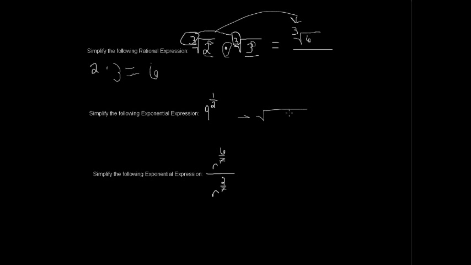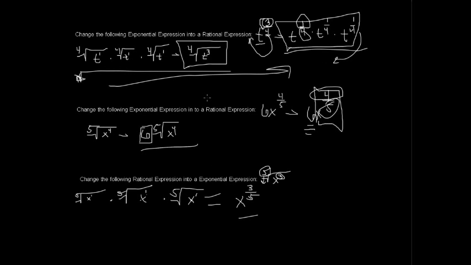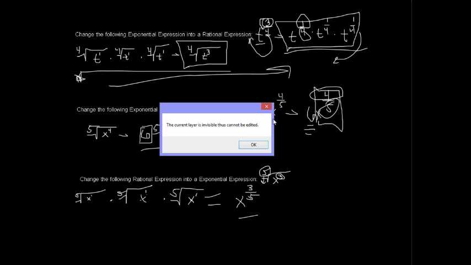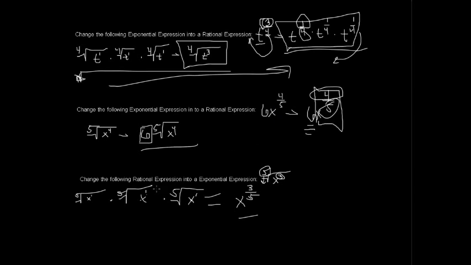Take our radical and stick our 9 in, because that's just going to be there. There's no variable like there was in these equations, like this one. It's only one constant instead of two different things.